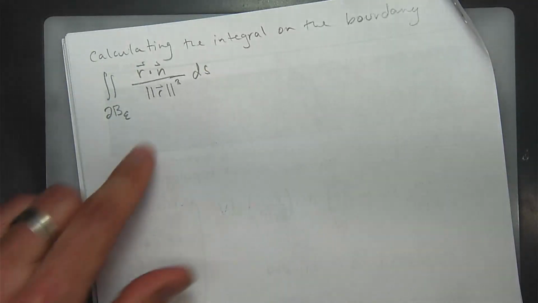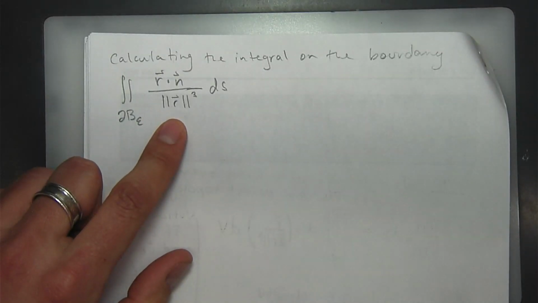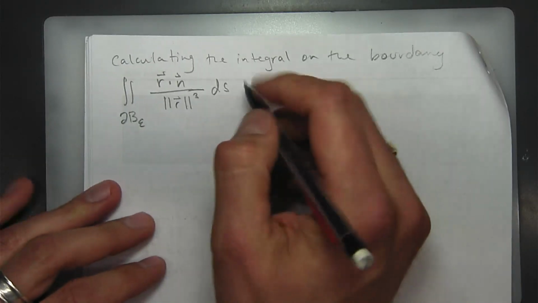Okay, so our norm here will be epsilon cubed, right?